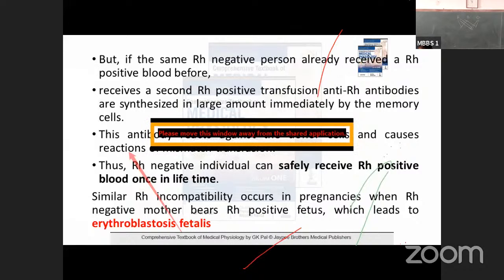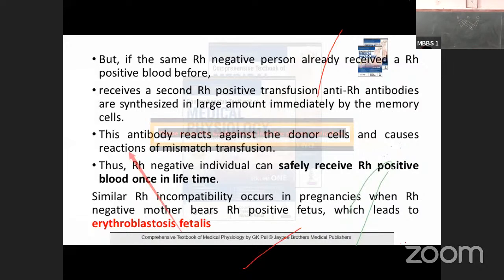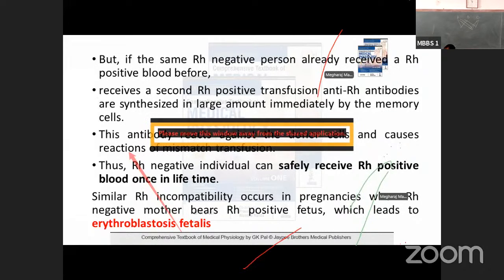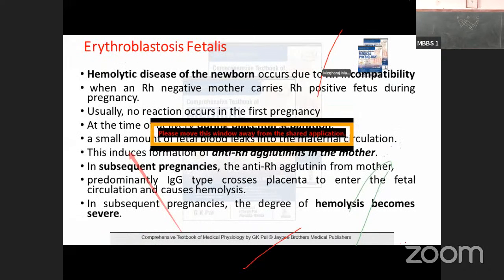So during the first pregnancy there is no risk, but for the second pregnancy there is a risk, because the antibodies developed after the first pregnancy cross the placenta to the fetal circulation. This incompatibility occurs in a pregnancy bearing an Rh positive fetus, which leads to erythroblastosis fetalis.